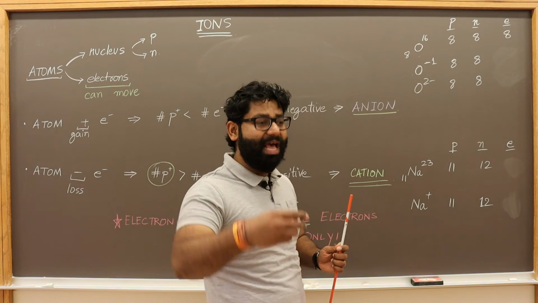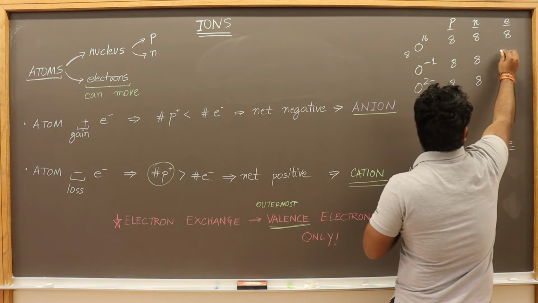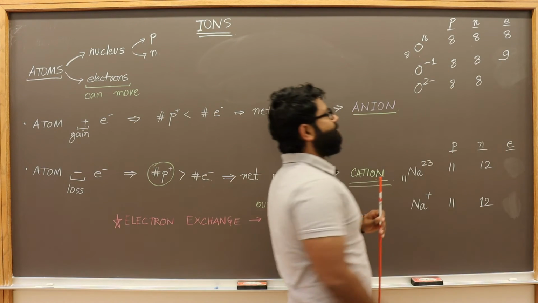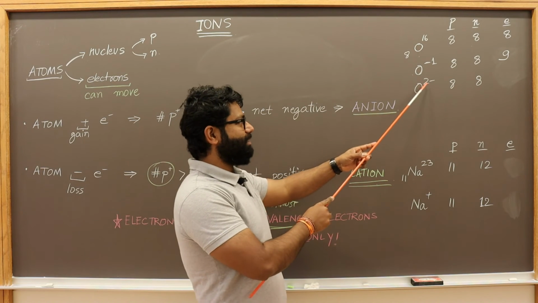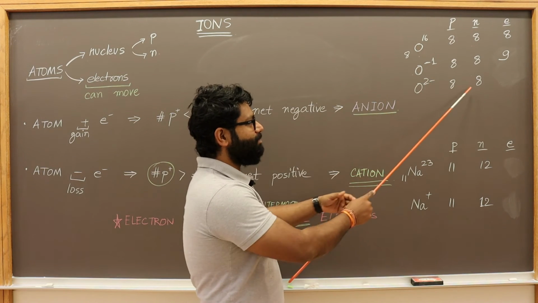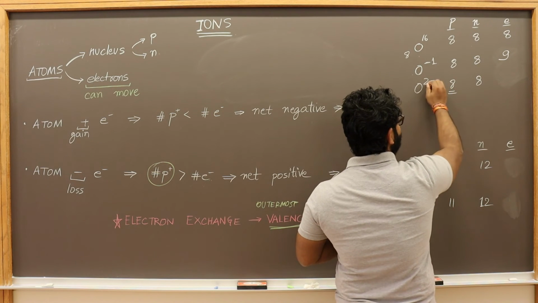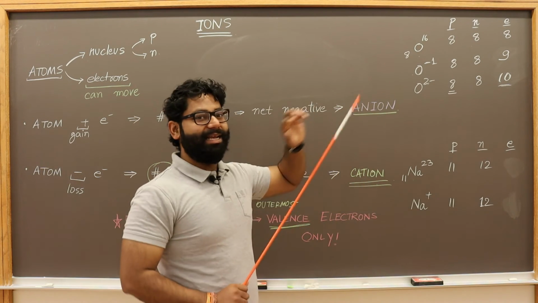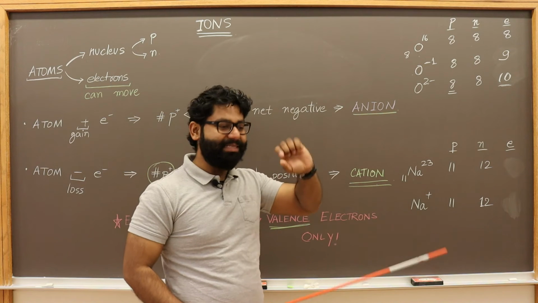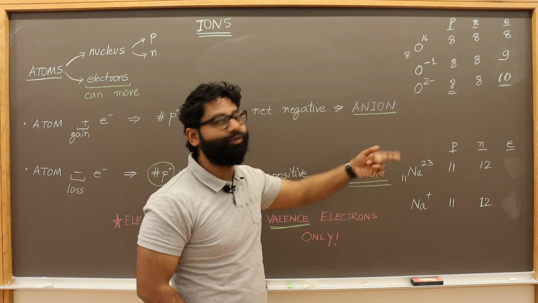The number of electrons outnumbers the number of protons by 1 unit. So the number of electrons actually becomes 9. Now if you have O minus 2, or O2 minus, the number of electrons will become 8 plus 2, because it has a net negative charge of 2. That means the number of electrons outnumbers the number of protons by 2 units.